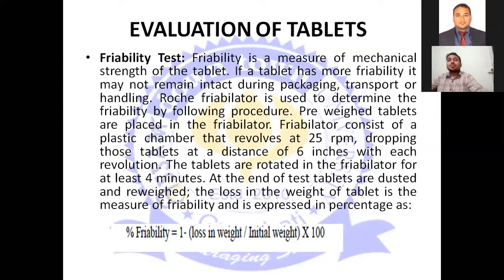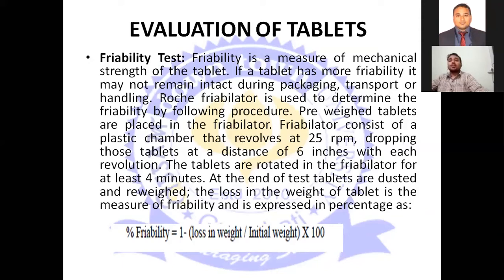The percentage of friability we calculate as loss in weight divided by initial weight into 100. So how do we get the loss in weight? That means initial weight minus final weight.